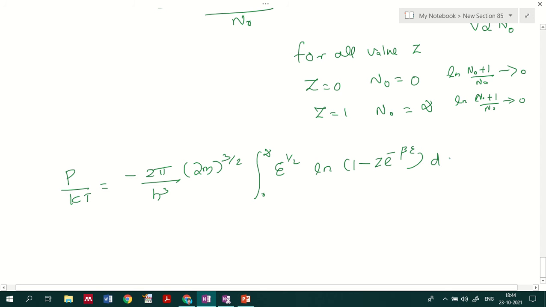So this will be the p by kt by considering that condition.